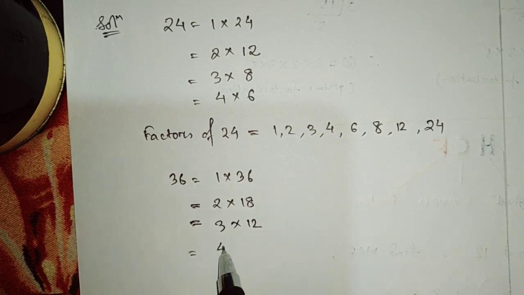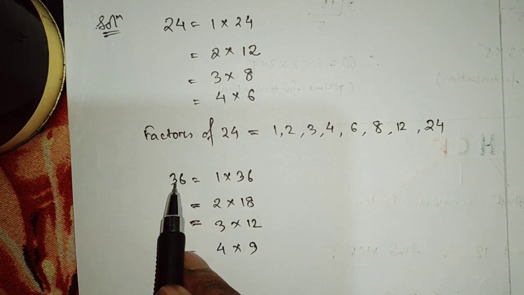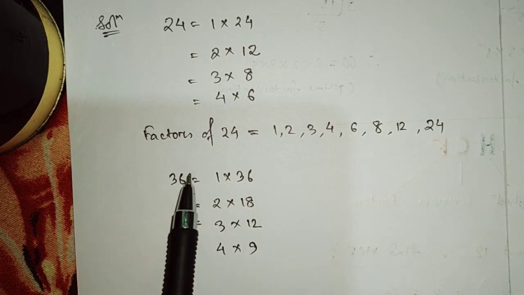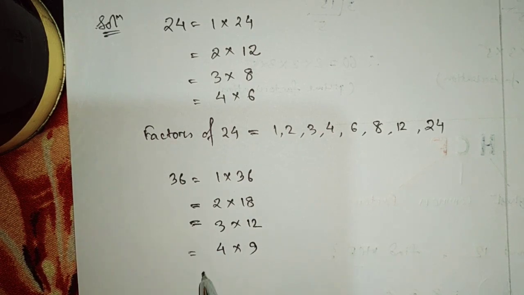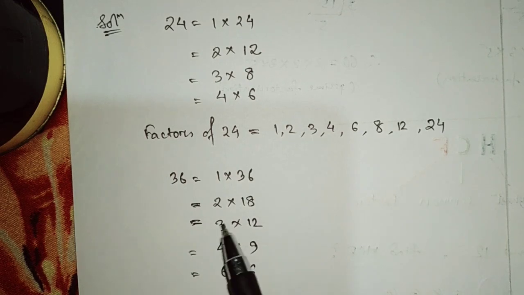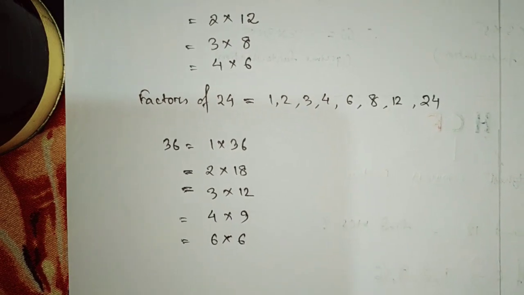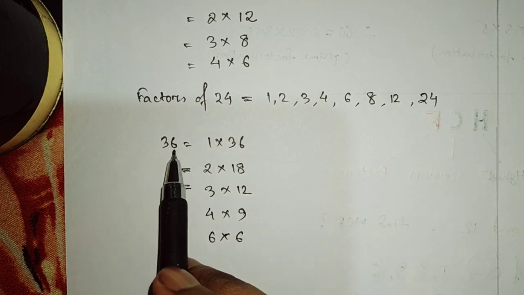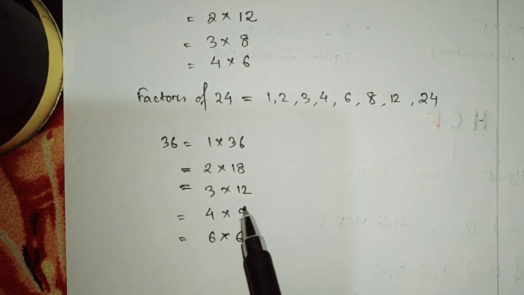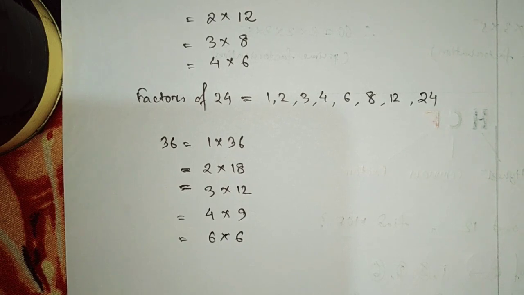Then 4 times 9. 36 is not divisible by 5, so we cannot do it with 5. Then 36 is divisible by 6: 6 into 6. It is not divisible by 7, and 9 we have already got here, so we stop.